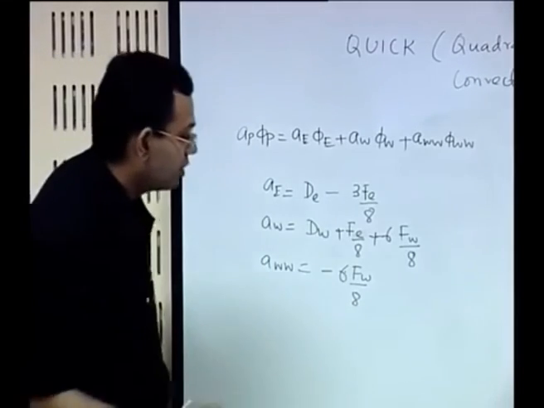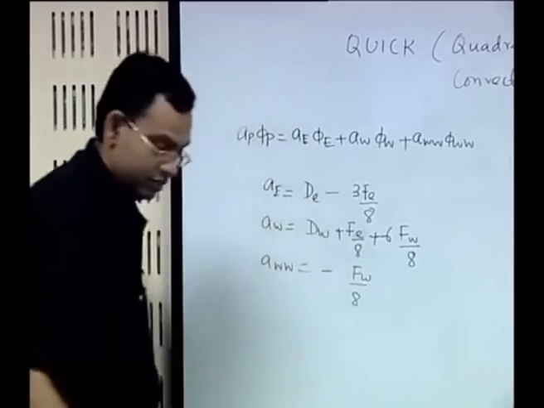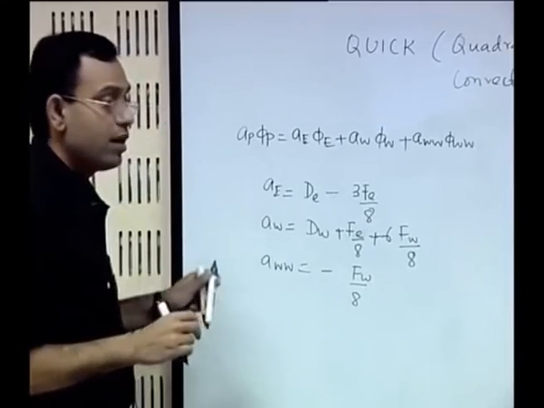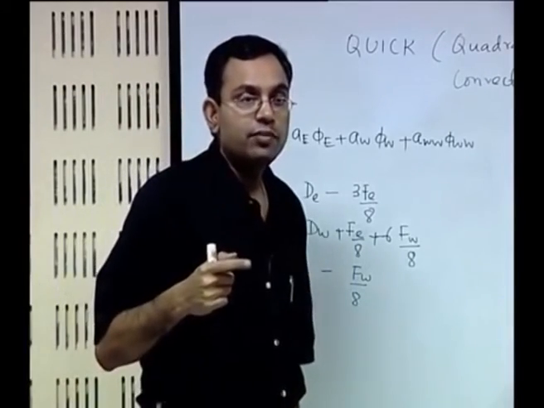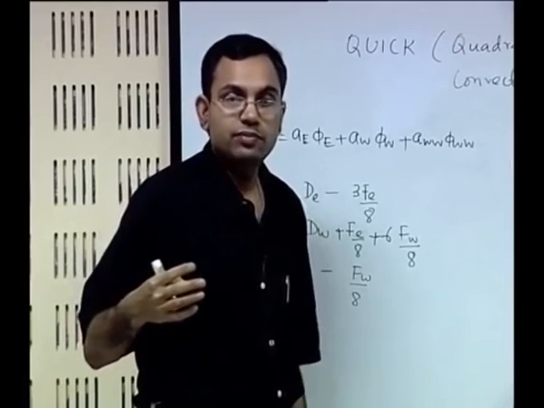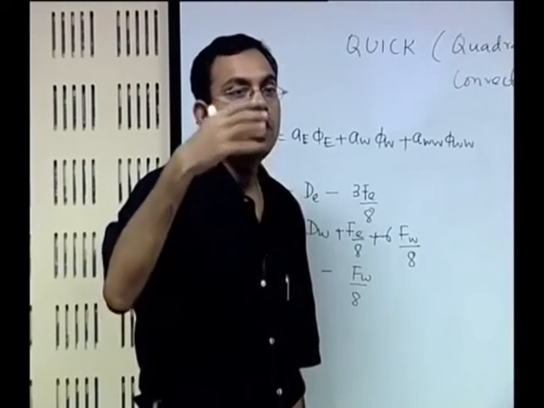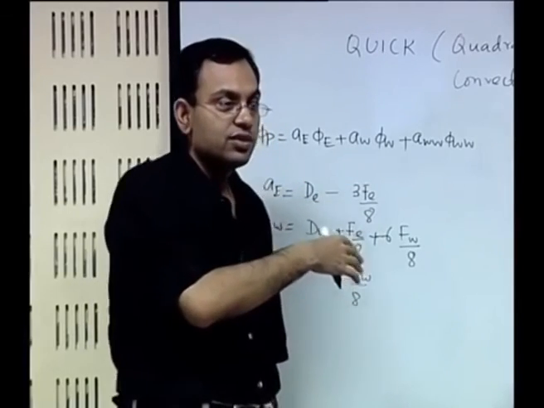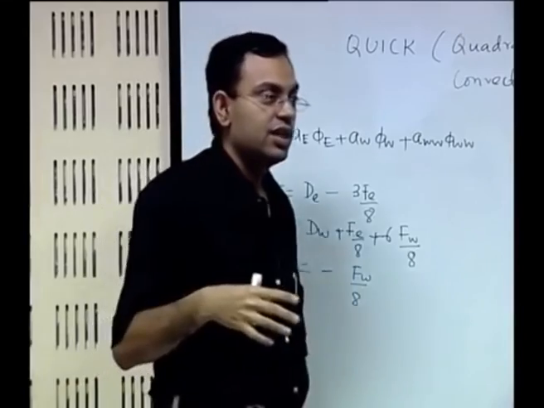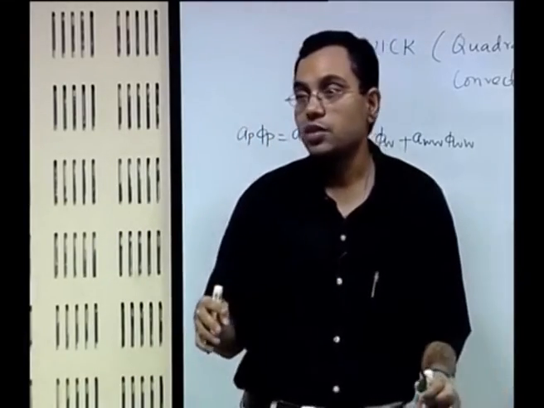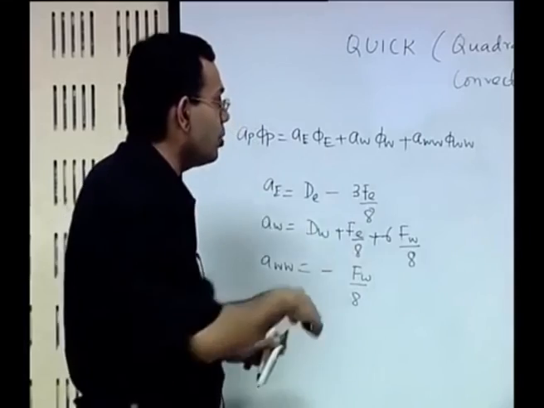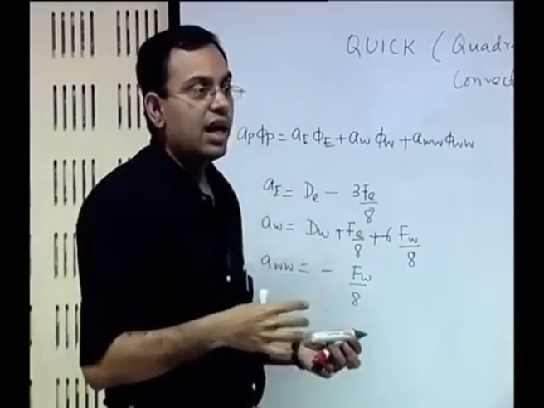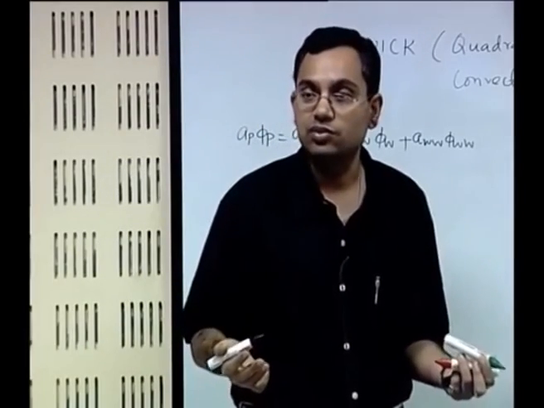Only Fw by 8, okay, that is fine. So, we can see that this particular scheme tried to rectify a problem, but has created a different problem. So, it is like having a medicine where the medicine is trying to take care of a disease, but having another side effect. So, the disease is a false diffusion, it tried to take care of the false diffusion, but in the way it incurred a possibility of having all coefficients not of the same sign, and that could give rise to physically inconsistent solutions.